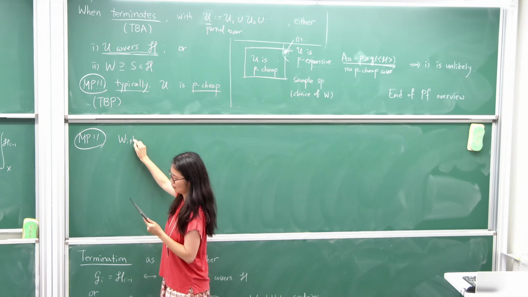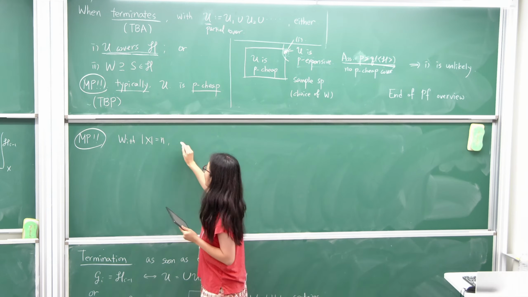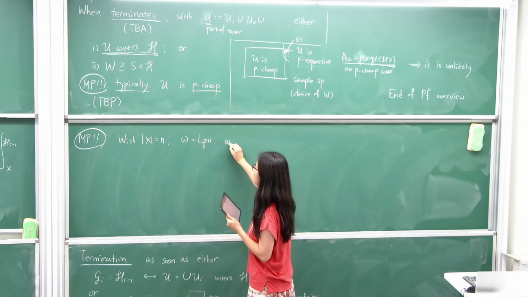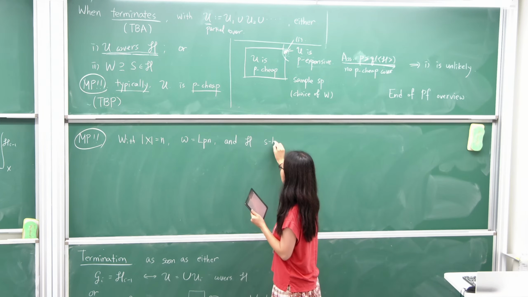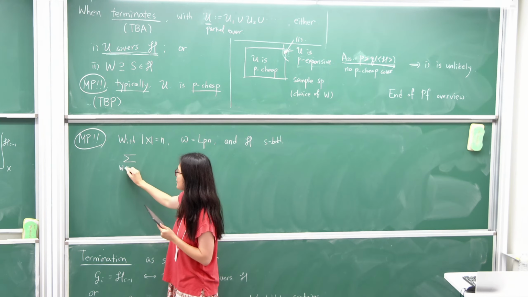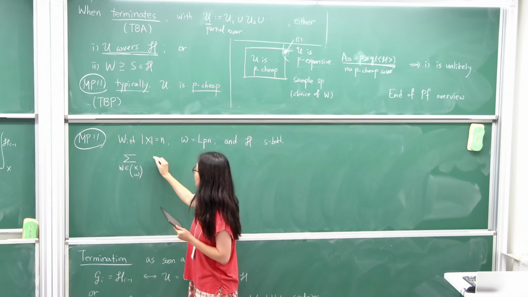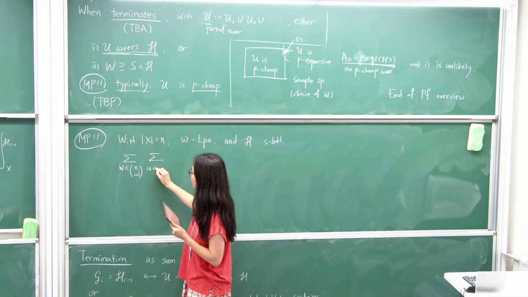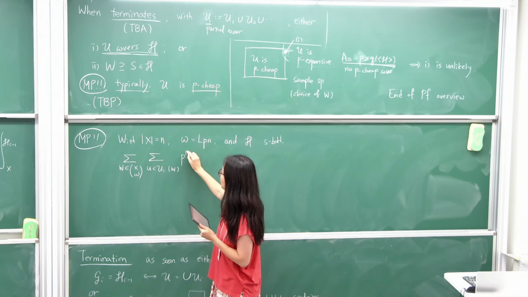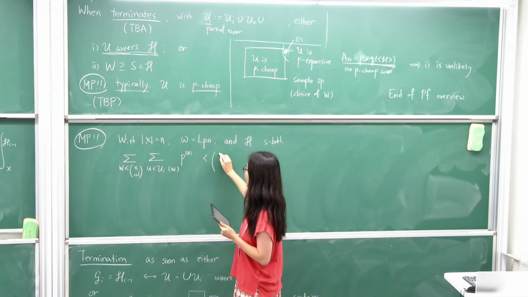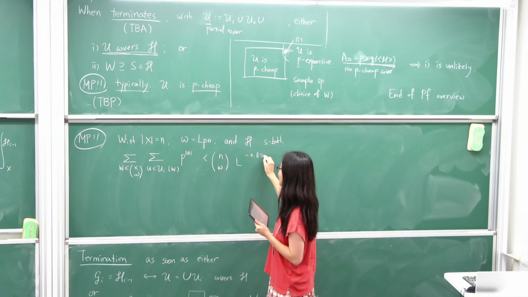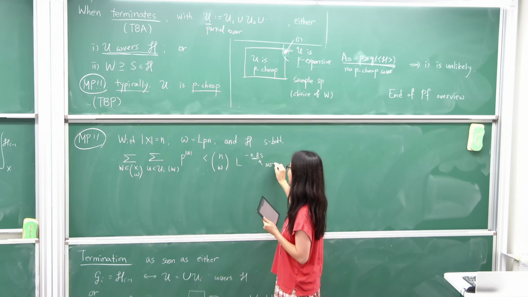With the size of X equal to n, and W of size L times P times n, and H is S bounded, we will show that the summation over W inside X choose W, summation over U in the ith partial cover of U, P to the size of U, is at most n choose W times L to the minus 0.8s, where this 0.8 is really not important.